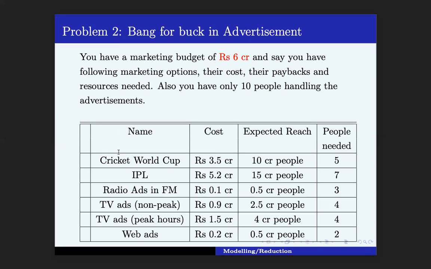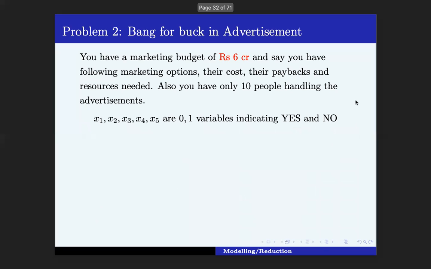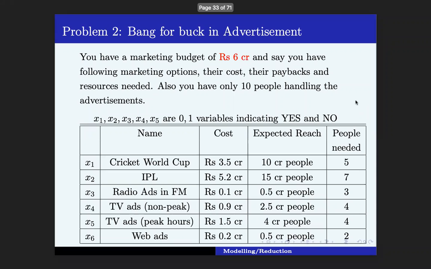That was not allowed. The question is, do you want to go for the World Cup or not? Do you want to go for web ads or not? And so on. So I will pick the variables x1, x2 to x5 as 0, 1 variables, indicating whether I want to invest in those schemes or not. Actually, there are 6 of them.